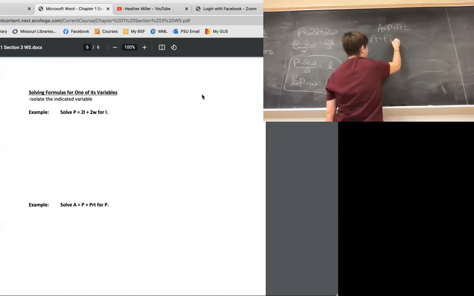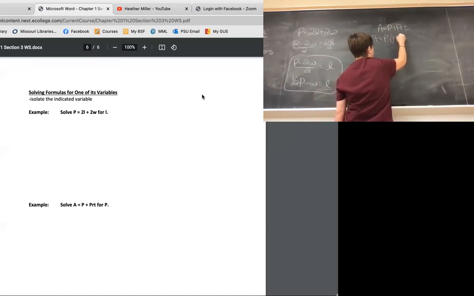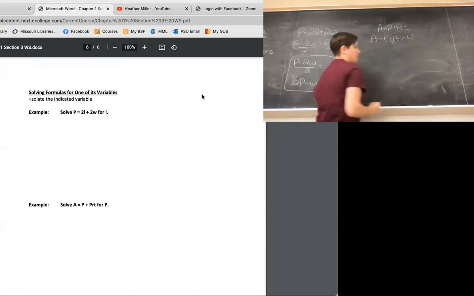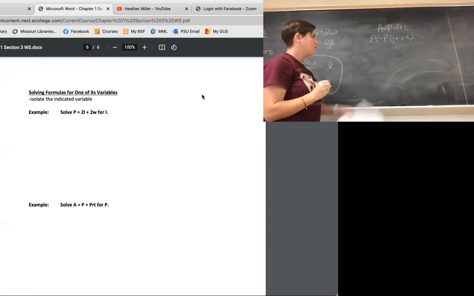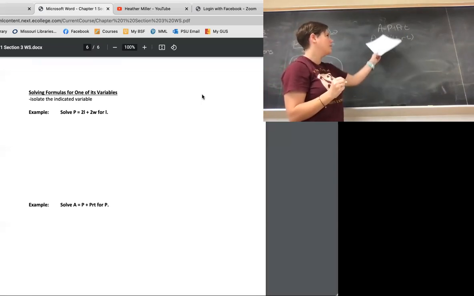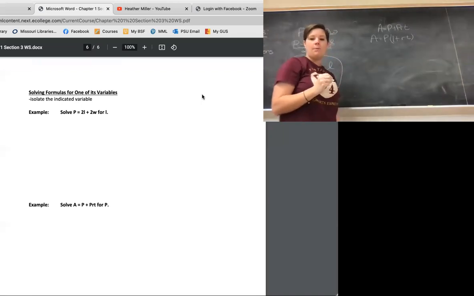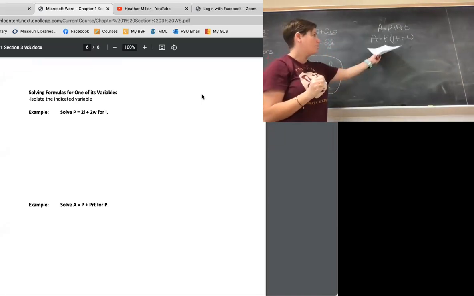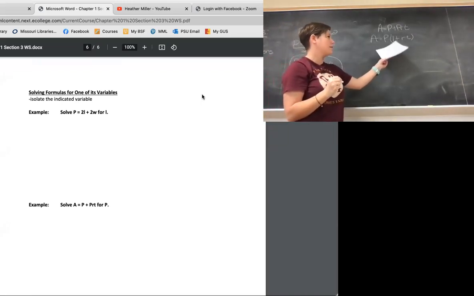So if I factor out my P, I'm left with 1 plus RT. I took the P out of there, and if I take P out of P, I'm left with 1, because P times 1 is P. P times RT is going to give me my PRT. Now, P is pretty well isolated on the right-hand side.